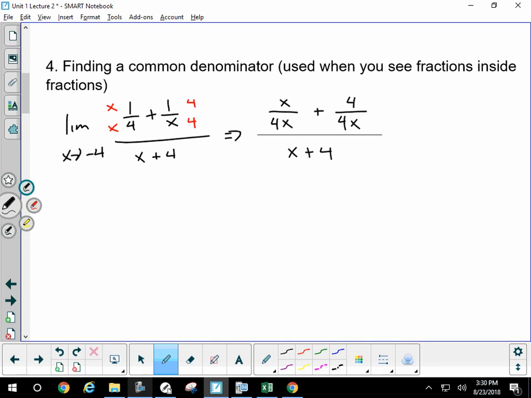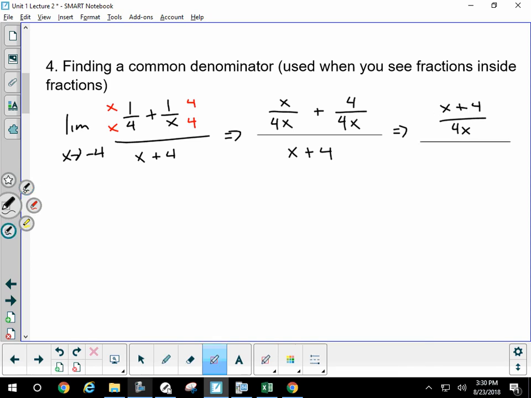Now, just like fractions with common denominators, if I have the same denominator and I add the two fractions together, the denominator doesn't change, it's just the numerators. So make sure you do not add 4x and 4x. Instead, you just have x plus 4 over 4x. Now, this is still kind of ugly.